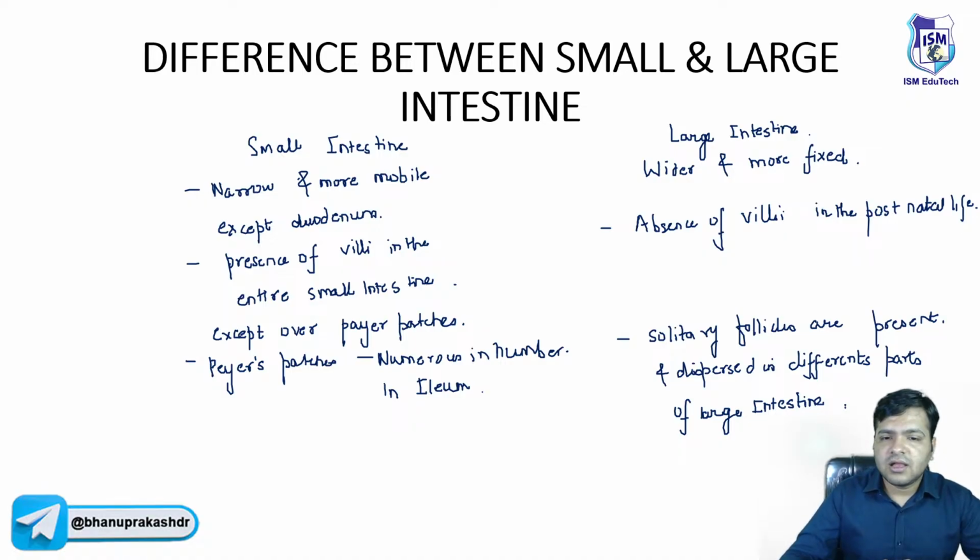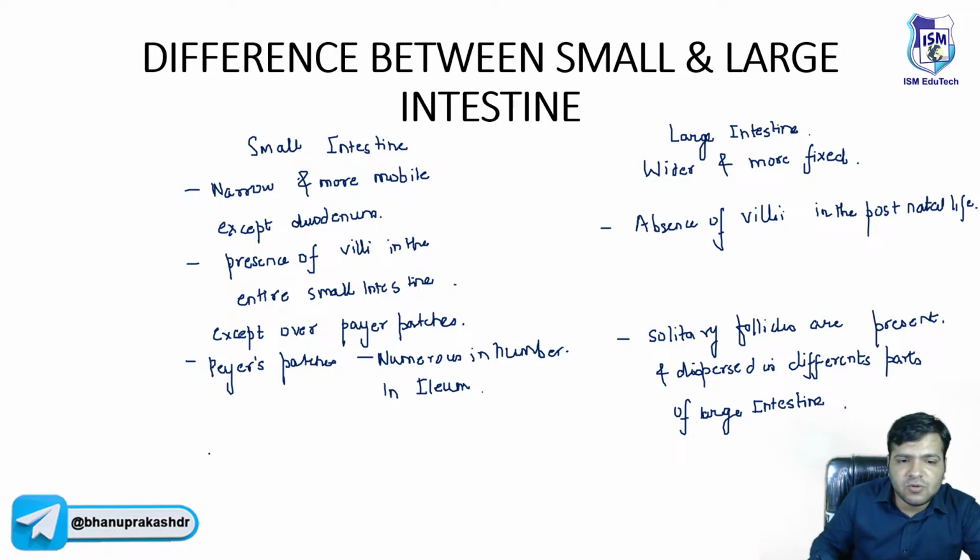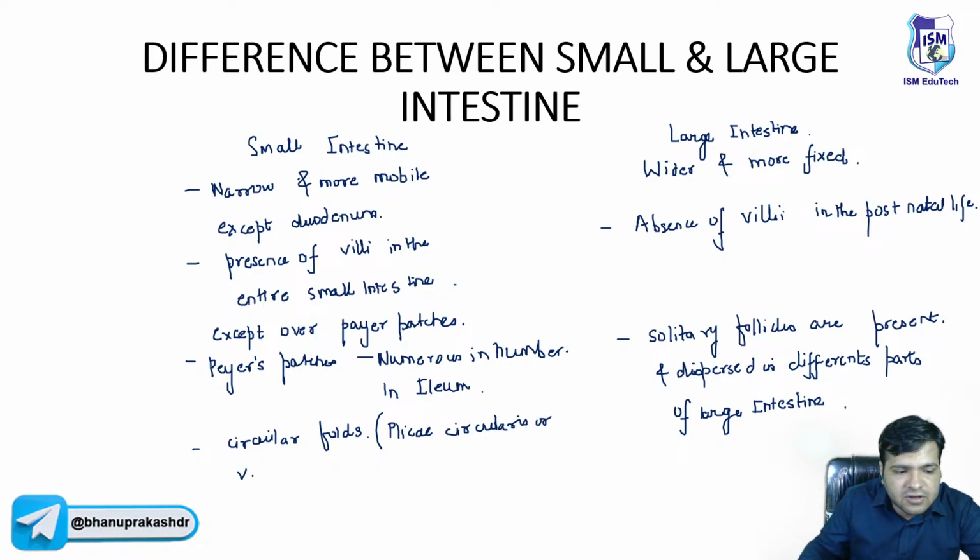So, coming on to the last point of difference, very important: the circular folds. These are also called plicae circulares, or valves of Kerckring.